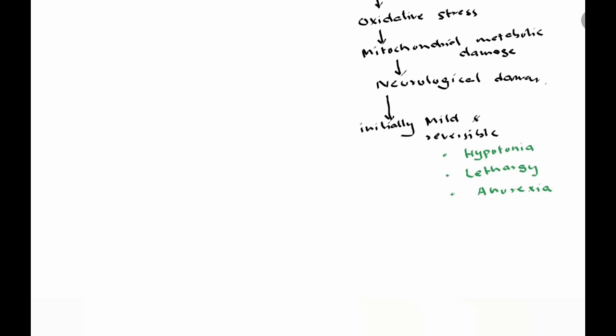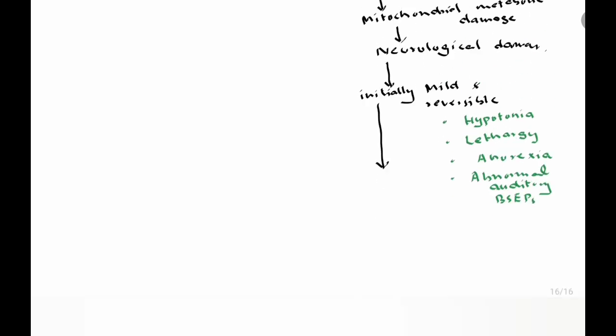Initially, the damage is mild and reversible, and in the initial stage, the patient may be having hypotonia, lethargy, anorexia, and abnormal auditory brainstem evoked potentials. In the later stages, the neurological damage may be severe.